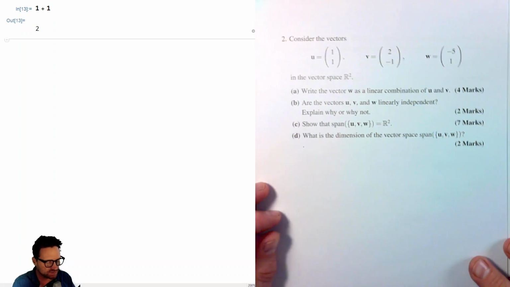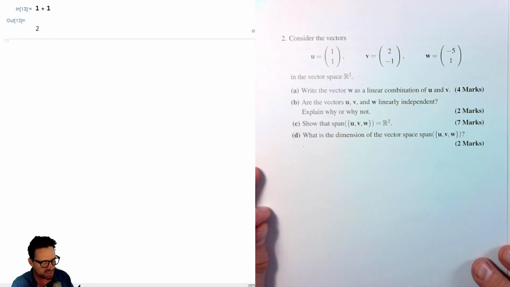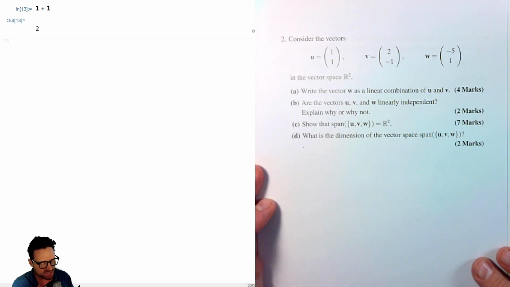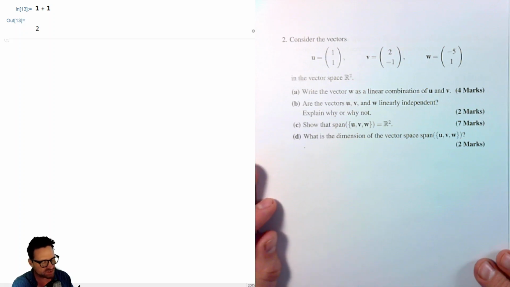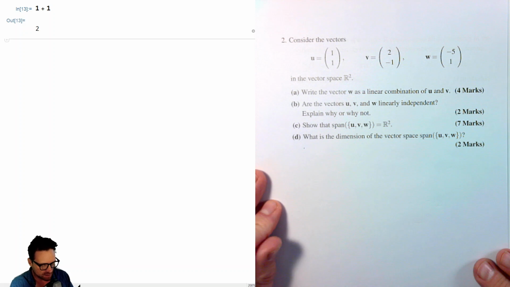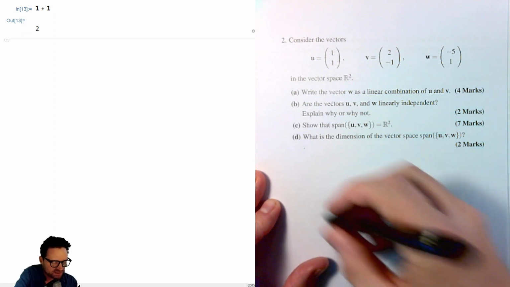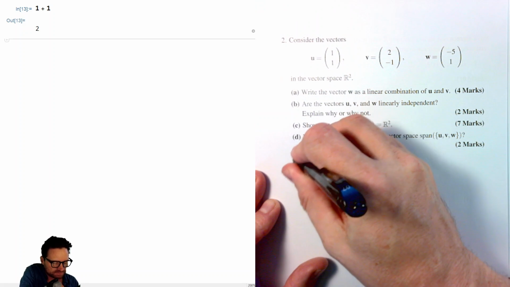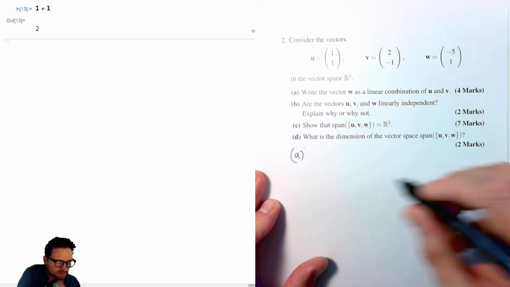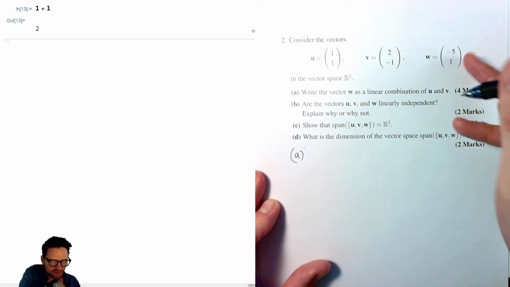Consider the vectors u, v, and w in the vector space R2. Write w as a linear combination of u and v. Now, sometimes you can guess, and it's possibly worthwhile spending a few seconds trying to guess. All right, so if I add u plus 2v, I get plus 5 and minus 1. So I think I want the opposite of that. So just guessing, u plus 2v gives us the opposite of w.